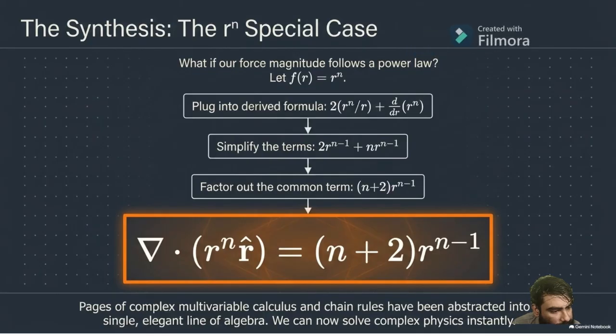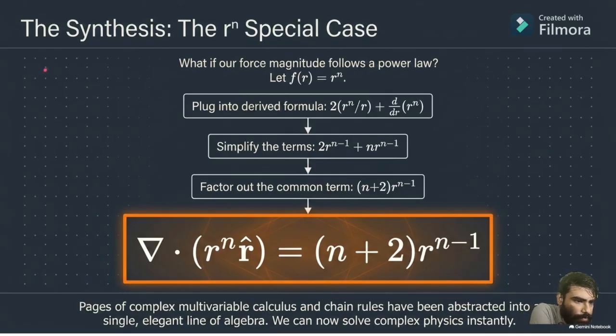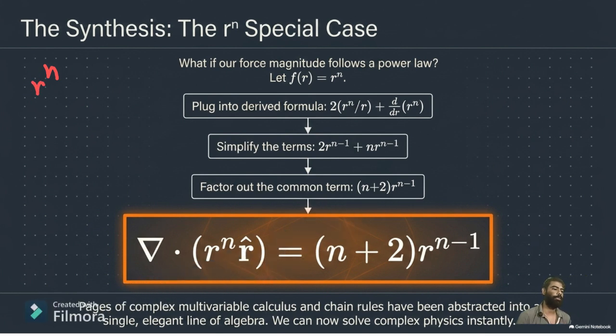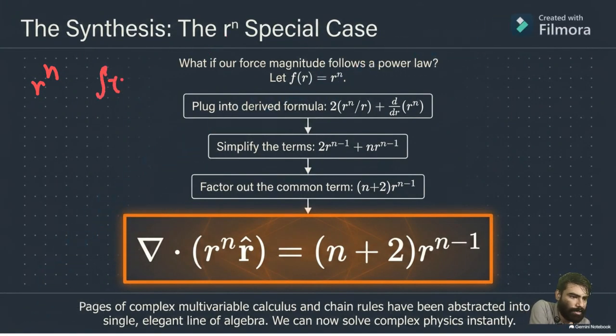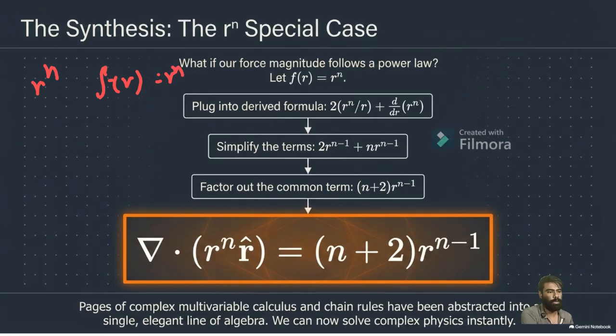Now some interesting scenario comes in if we are doing the r to the power n special case. Why this r to the power n special case? Because you'll see a lot of scenarios where you can use this. So this time our f(r) is r to the power n. Now what was our derived formula for the central force field?